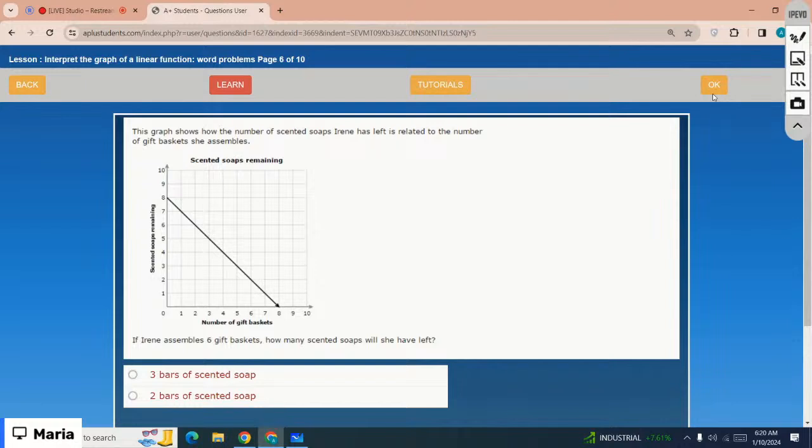The correct option is 2 bars of scented soap. The correct option is 2, right?